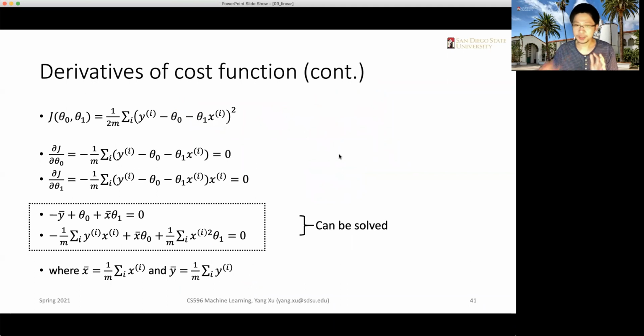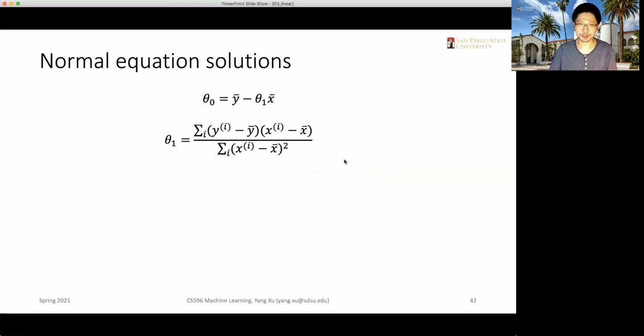It means we can solve these equations, and the solutions are directly given by these normal equation solutions, which means we can solve θ0 using the mean value of y minus θ1 times x bar, and θ1 is a more complex form, but this is known as the covariance between y and x, which is also computable.